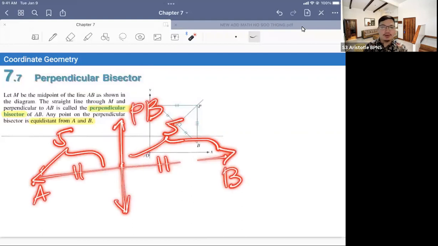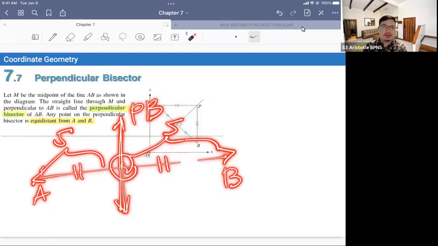Now, for this last part, or maybe second to the last part, our objective here, class, is to find the equation of this line here, the equation of the perpendicular bisector. So how are we going to do that? Again, by definition, it's in the middle.